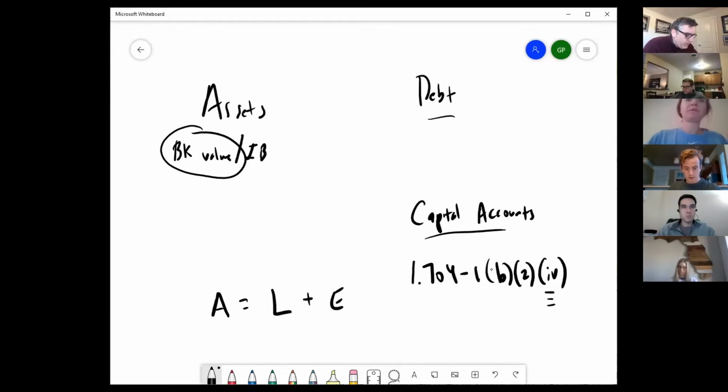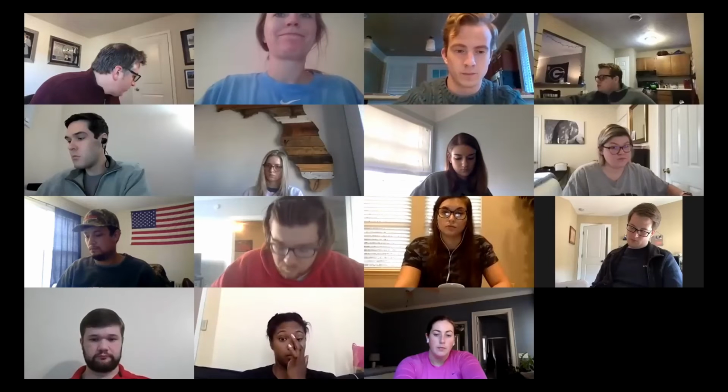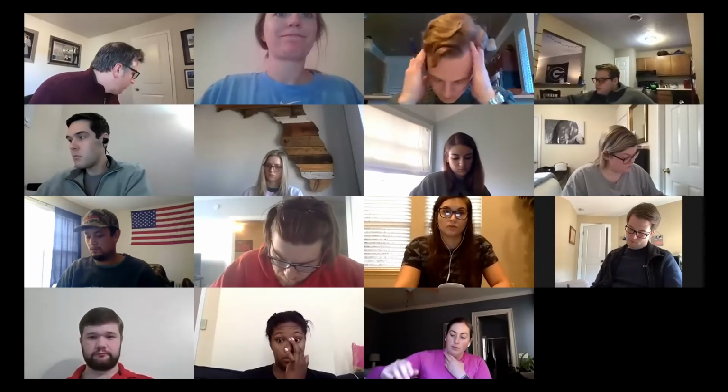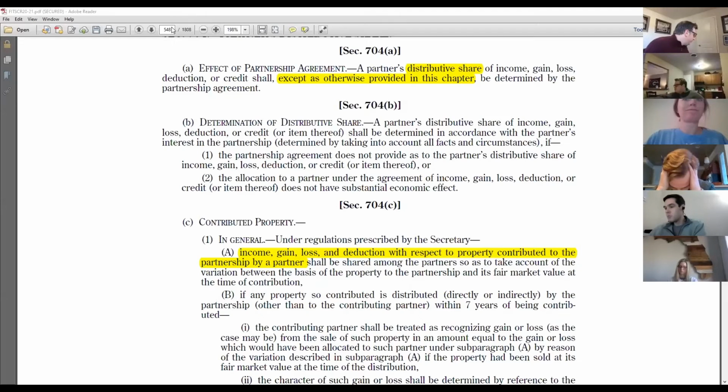And then we're going to start in (b), which are the basic rules. So we're going to turn there right now. 1.704-1(b)(2)(iv)(b).